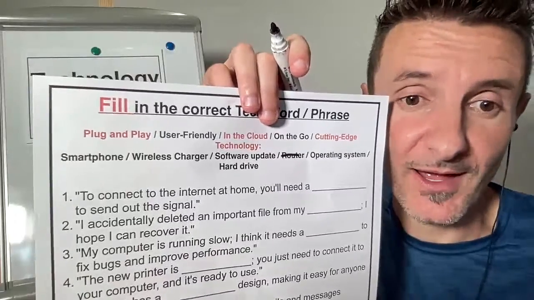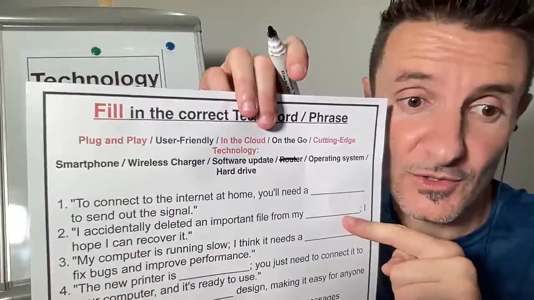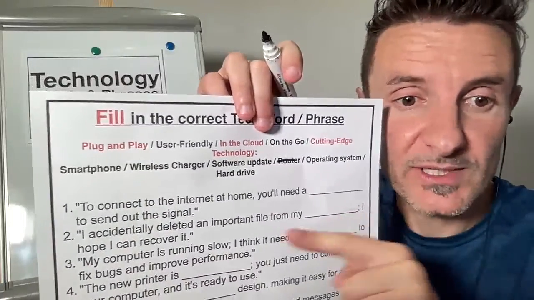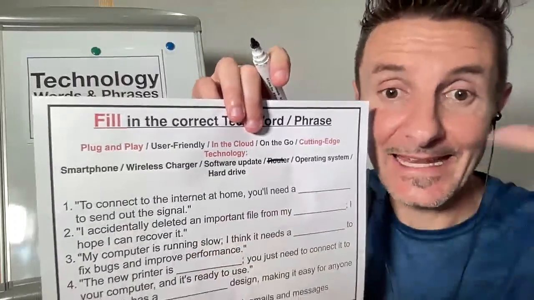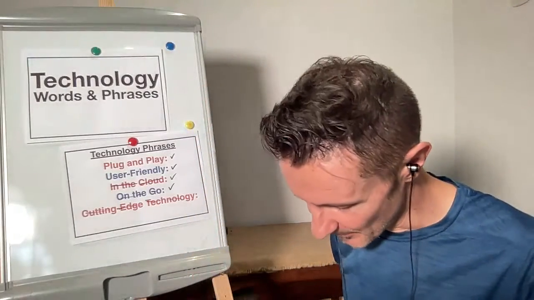It's a hard drive. I accidentally deleted an important file from my hard drive. I hope I can recover it. Recover means get it back. Okay, so I'm going to cross out hard drive because we've already found that answer. Well done, Alex. Well done, Robert. Well done, lovely England. Okay, we're going to move on to question 3.